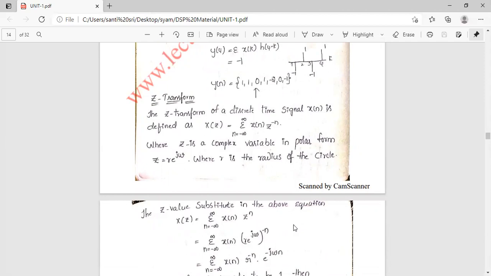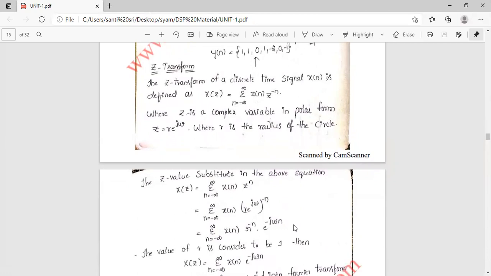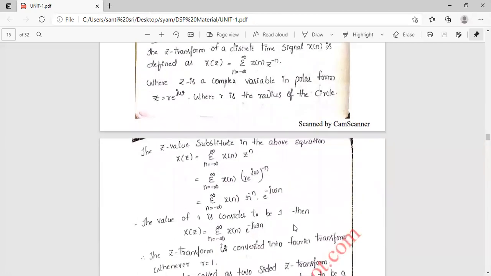If it varies from minus infinity to infinity, then it is a double-sided Z transform. Taking the radius equal to 1, the complex variable z is replaced by r into e power j omega, where r is the radius of the circle. If r is 1, then it is nothing but our Fourier transform.